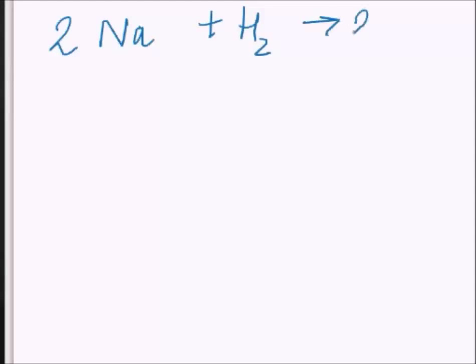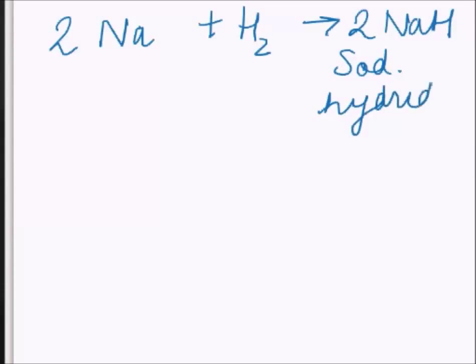Let's have a look at the chemical reactions. 2Na, when it reacts with hydrogen, which is in gaseous form, 2NaH will be formed. This is sodium hydride. Now the next chemical reaction is of calcium, Ca.